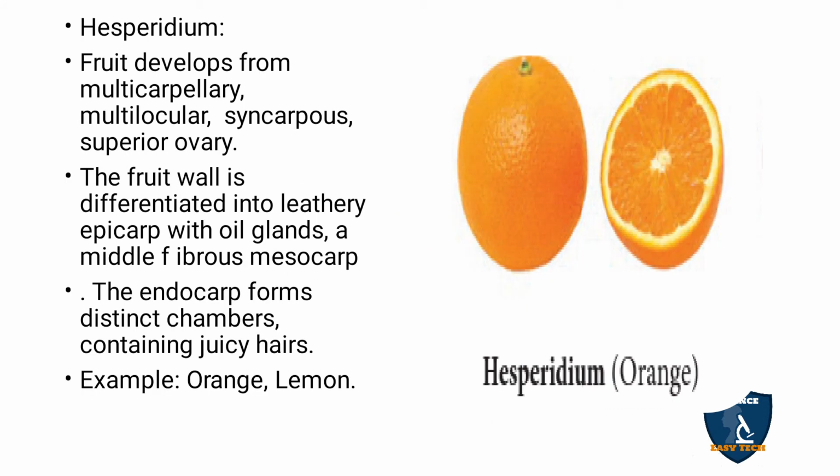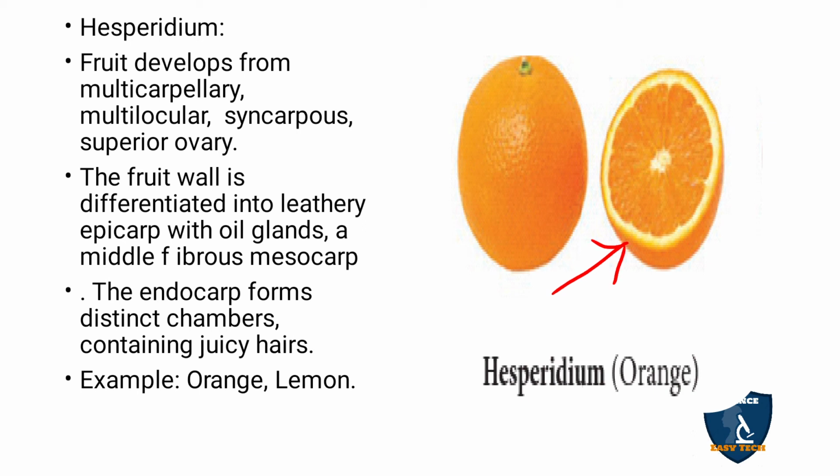Hesperidium. Example, orange, lemon. Here the fruit is developed from a multicarpellary, multilocular, syncarpous, superior ovary, and the fruit wall is differentiated into an outer epicarp, which is leathery and has oil glands. Due to the presence of oil glands, the outer skin of the orange is shiny, which you can notice when you see the orange fruit.